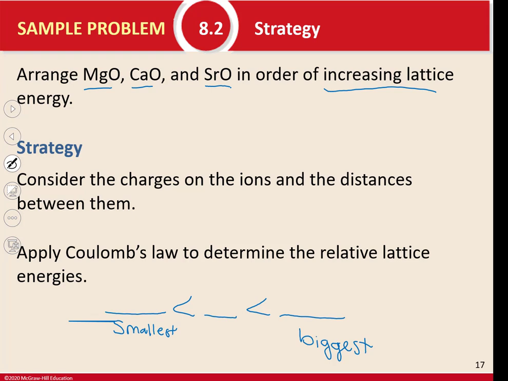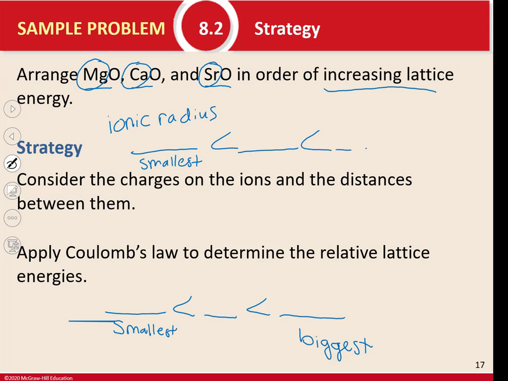These all have oxygen, so what we're really comparing is magnesium versus calcium versus strontium. So let's look at ionic radius, from the smallest to the biggest. And then down here we're going to do lattice energy.